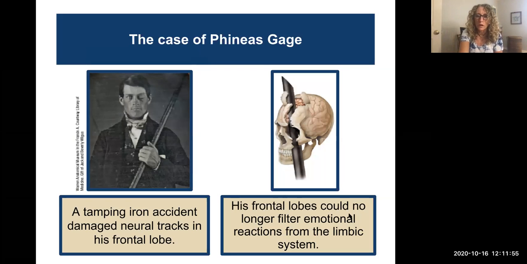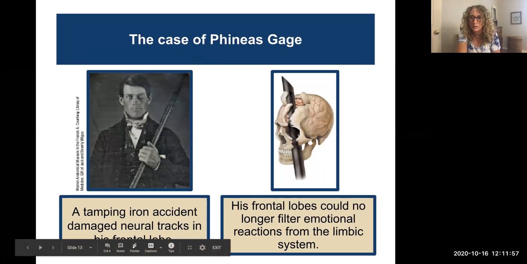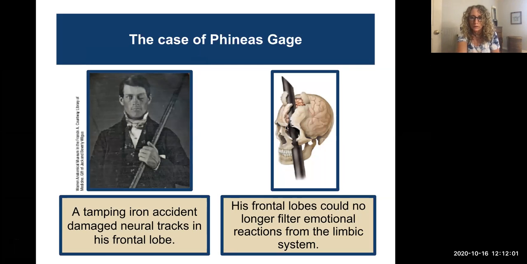When I first saw this picture here, sorry, I don't mean to laugh, it's actually not funny at all. I thought it was just sticking through his skull. But this is actually just demonstrating where it went through, but it actually shot completely through his frontal lobe.